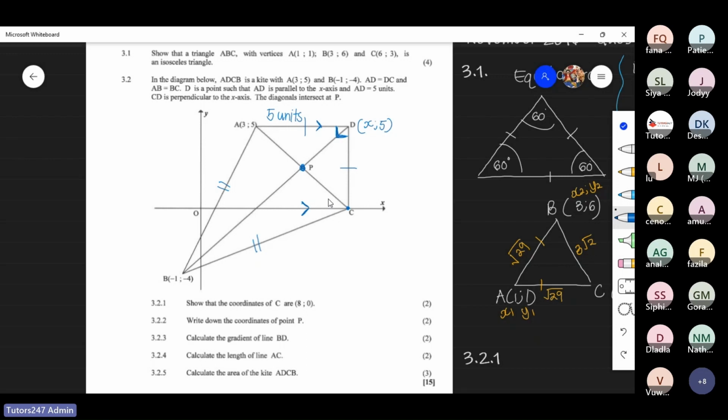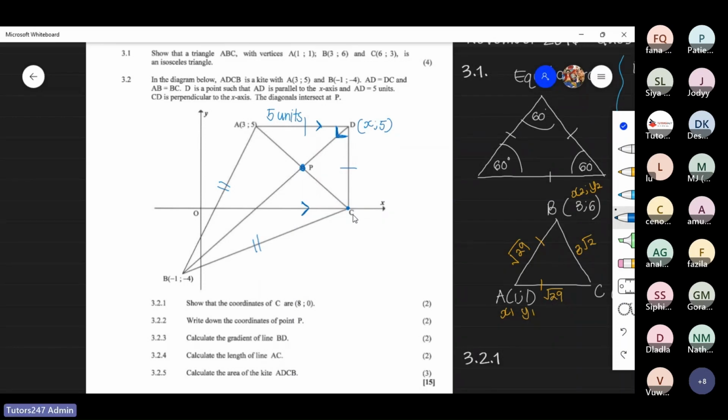It's going to have the same y value as A. Next, because it's stated that DC is perpendicular to AD, which therefore means that DC is parallel to the y-axis, we know that D is directly above C, which means that the x value of D is the same as the x value of C. We don't know what the x value of D is as yet.